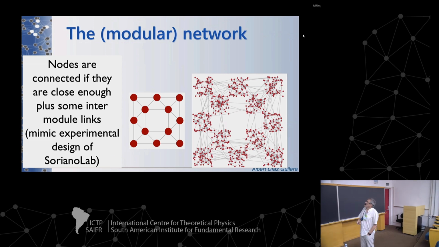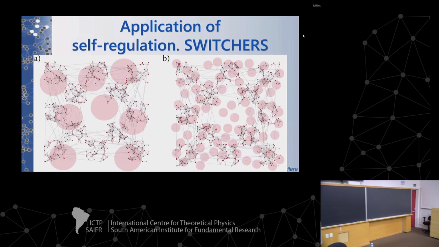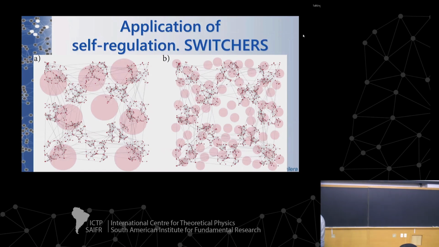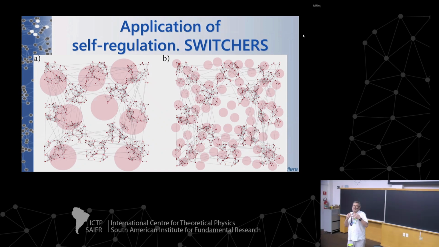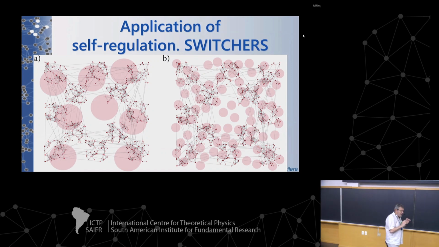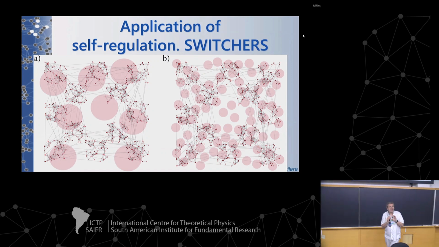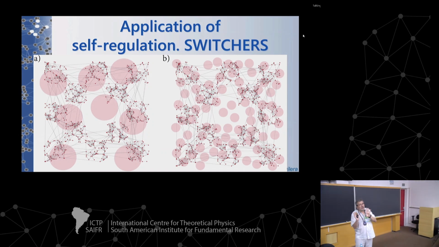Then we tried to perturb the system in such a way as to put a kind of alarm to say, okay, don't be so synchronized. The idea is to introduce something, and this is a little bit speculative, that in the neuroscience literature is called glia, but I will not use this word anymore.